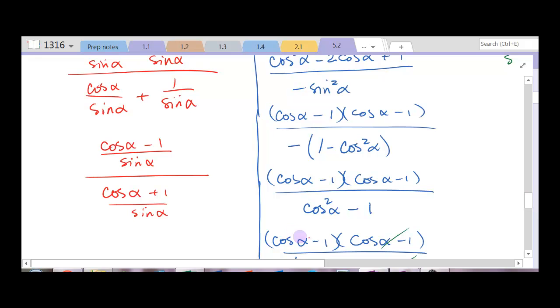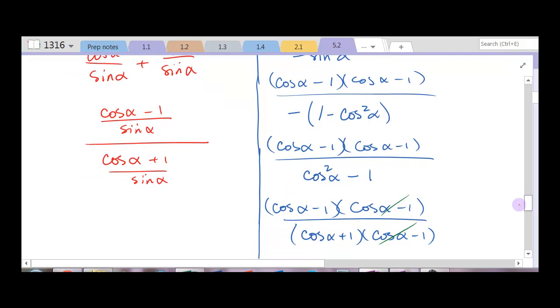That's pretty close to what I eventually want to get this turned into, but I have this sine in each of these two denominators that are causing me trouble.